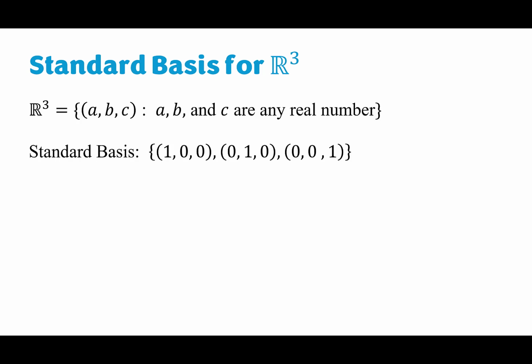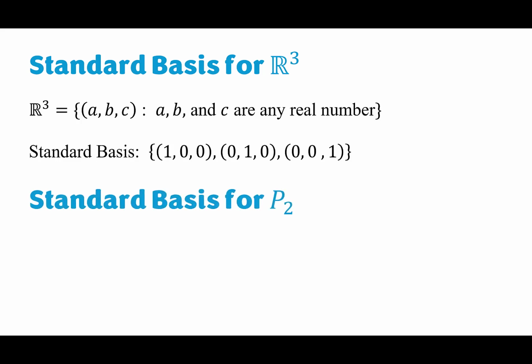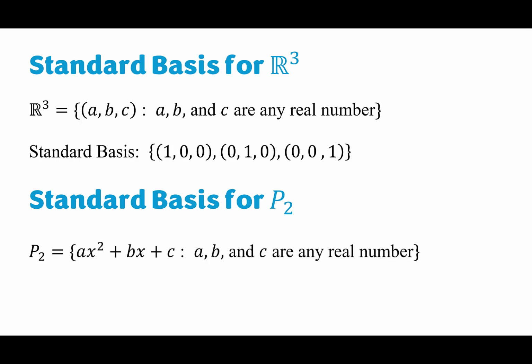Eventually, later in the course, we're going to move away from just vectors of numbers and think about vectors as functions instead of just an ordered list of numbers. So, for example, a standard basis for what we call P2. What is P2? Well, what we mean by P2 is all polynomials of degree 2. P is polynomial and 2 is degree 2.